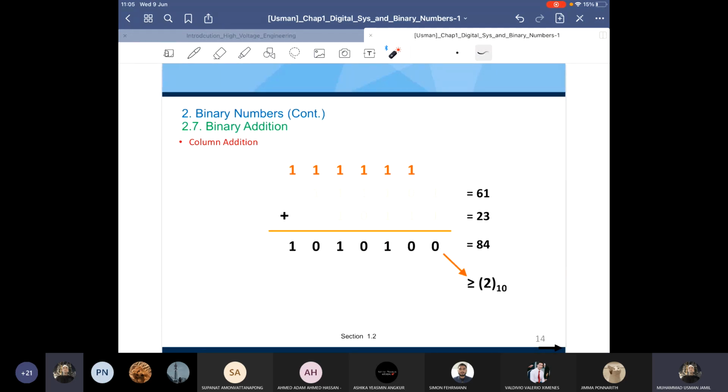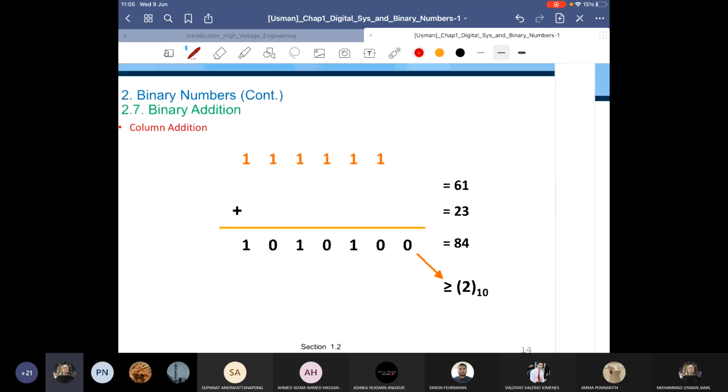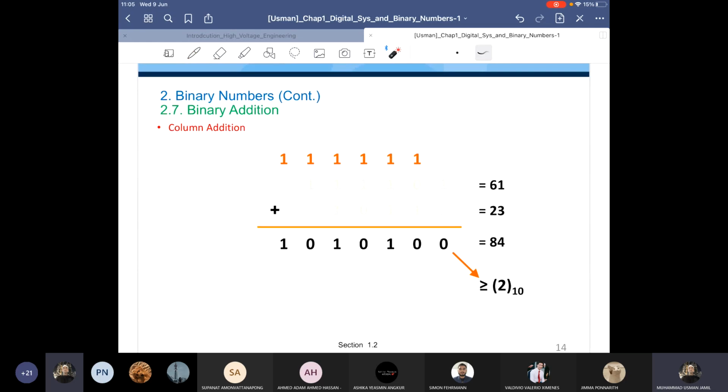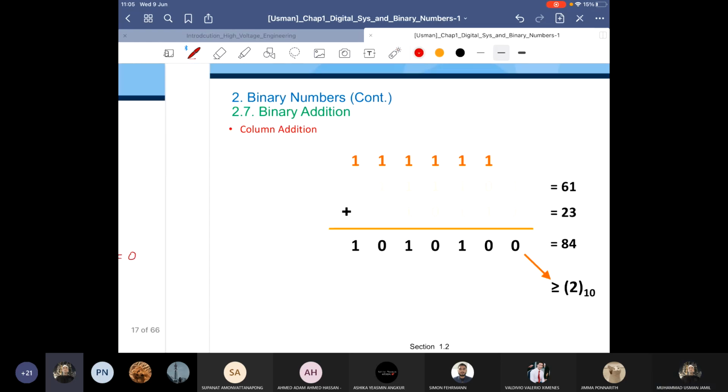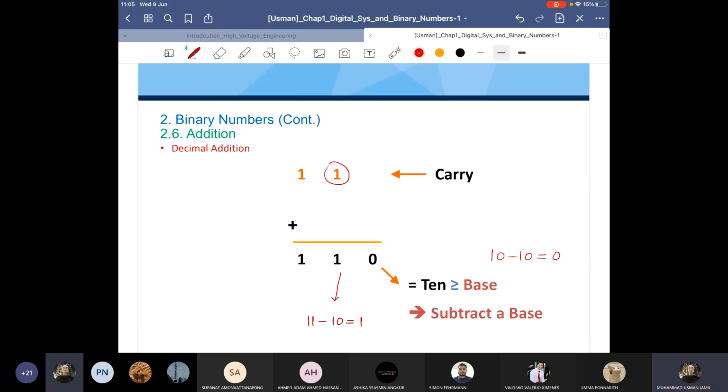So this is an example for binary numbers. You guys cannot see here. Actually, this is 5 here, 5 here, 5 here, and 5 here.